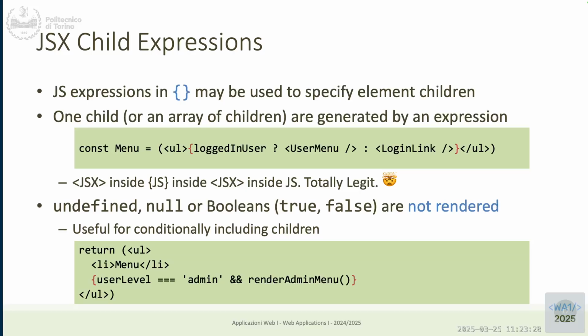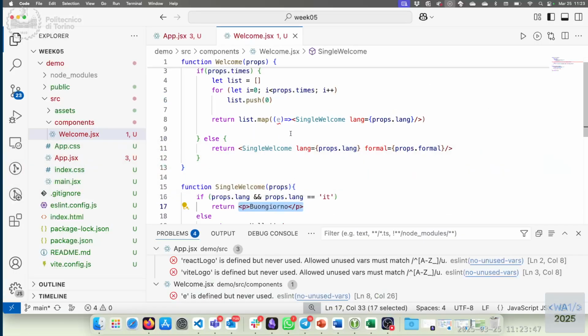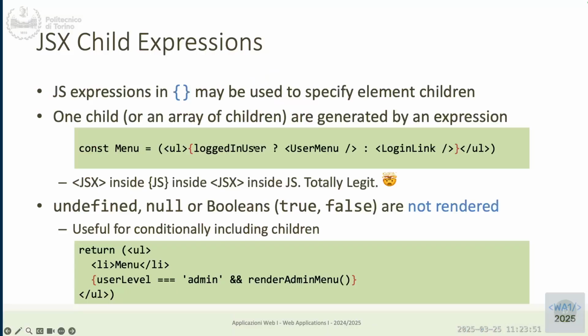There's no problem; we just need to be careful, but we can nest both languages as we want. Inside a JSX context, we can open a brace and drop into normal JavaScript code. And inside any JavaScript code, we can open a bracket and enter into JSX code. These braces can be used as arguments or inside the children of an element, where the children will be the result of the evaluated JavaScript expression.